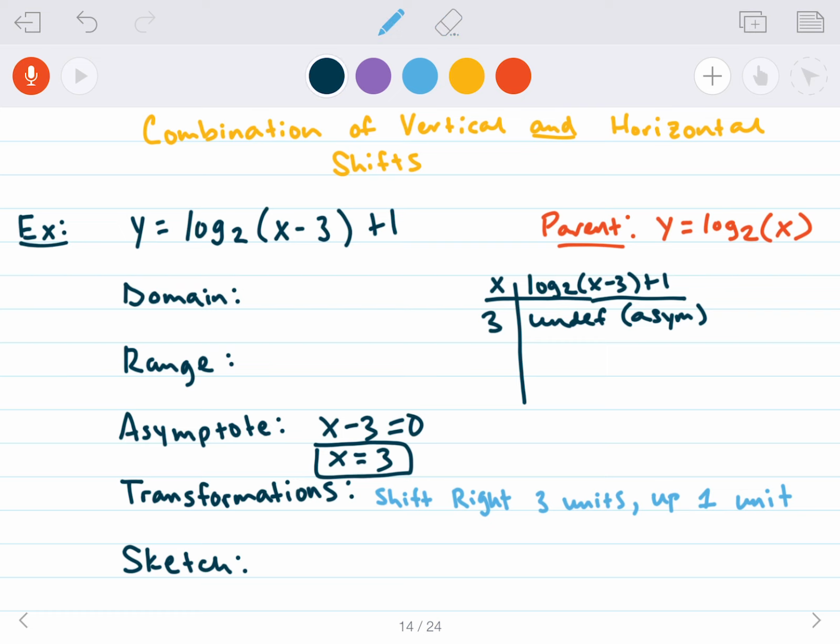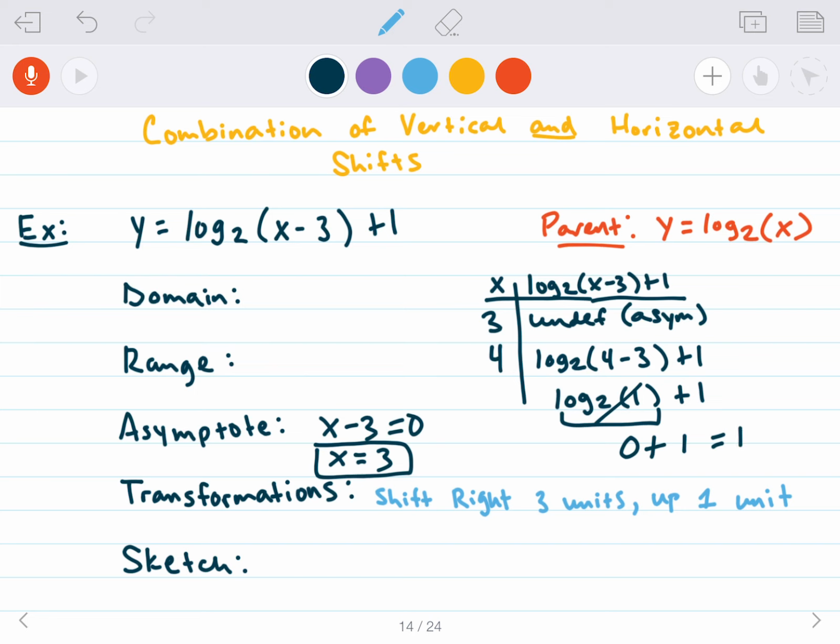When x equals 4, what is our output? Well, we have log base 2 of 4 minus 3, plus 1. So we have log base 2 of 1, plus 1. This guy, 2 to what power equals 1? That has to be 0, right? 0 plus 1 at the end equals 1.